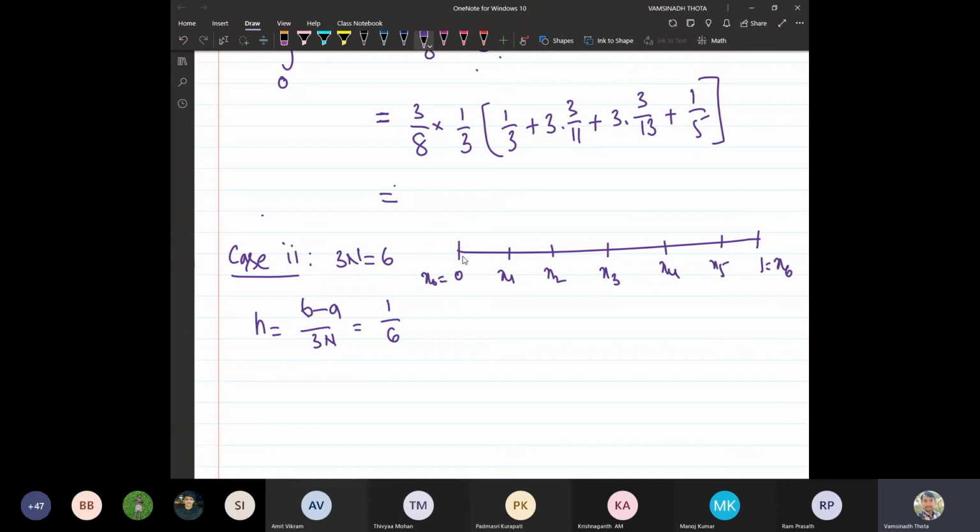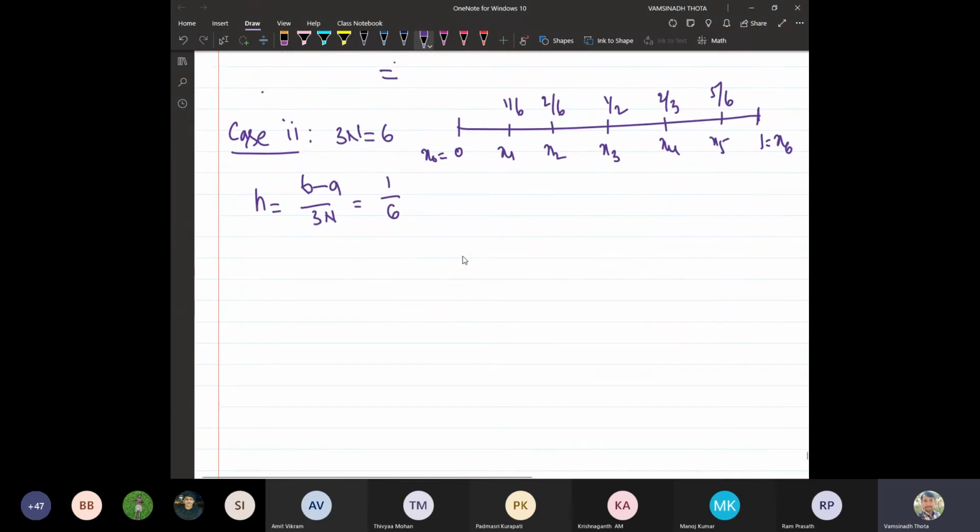Now 1 by 6. So x1 is here, this is 1 by 6, this is 2 by 6, and then 1 by 2, which is 3 by 6. 4 by 6 means 2 by 3. Am I right? And this is 5 by 6, and finally 1.